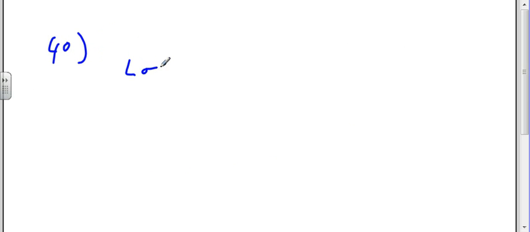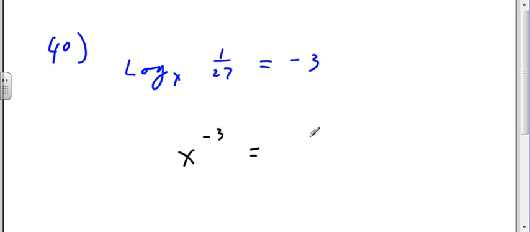Okay, so log base x of 1/27 is equal to minus 3. Now we look at that and we say, well, that's not convenient. I'm going to put it in exponential form. So that if I have x to the minus 3, I'm going to get 1 over 3 cubed, which is 3 to the minus 3, which clearly implies x is 3.